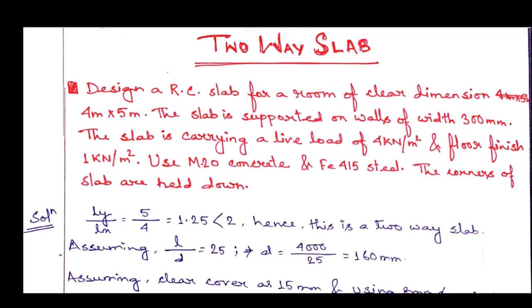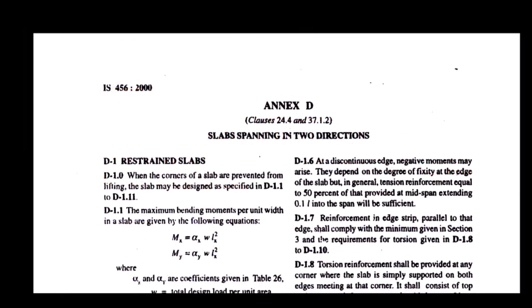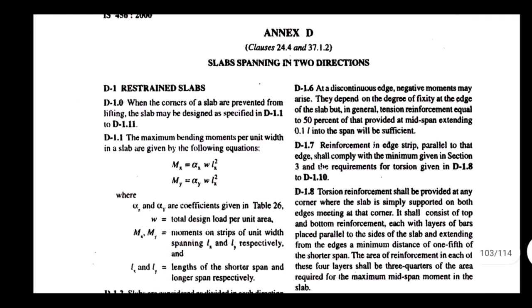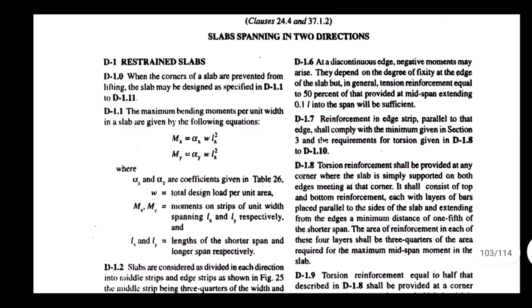So let's have a look at Annex D of IS 456:2000. This is Annex D of IS 456:2000. Slab spanning in two direction. So these are the considerations. We will read it out when we solve the problem.